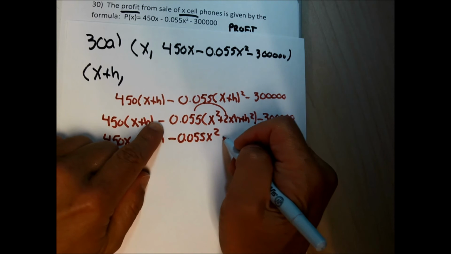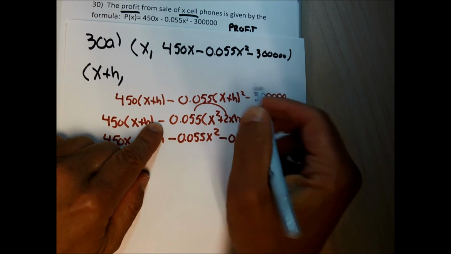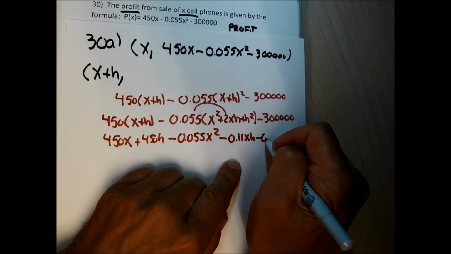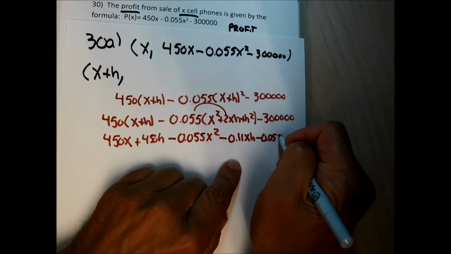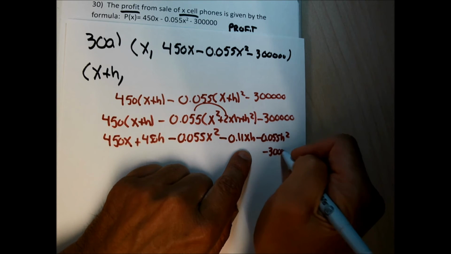So this is going to give me minus 0.11xh, and then this last multiplication is going to be minus 0.055h squared, and then this minus 300,000.